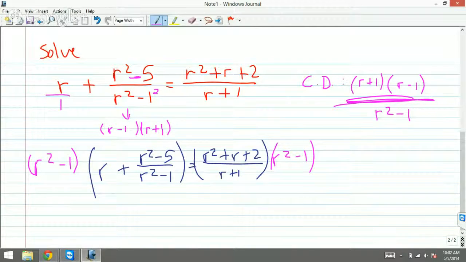Okay, the rest of this is stuff that we've done before. Okay, so if we distribute this monster, what do we get? Houston, ideas?